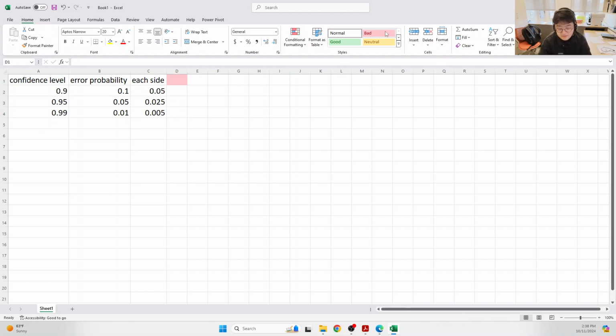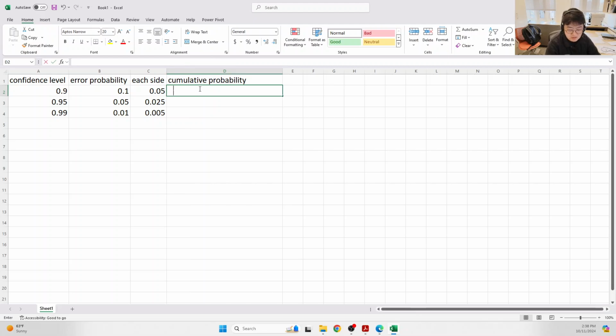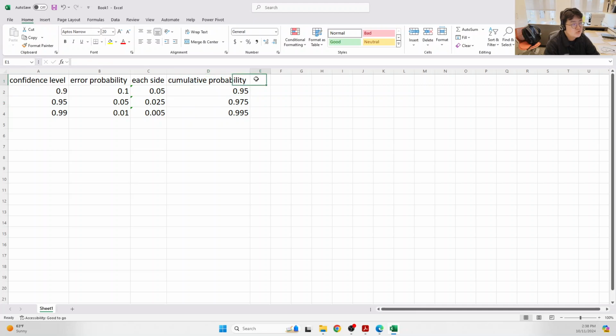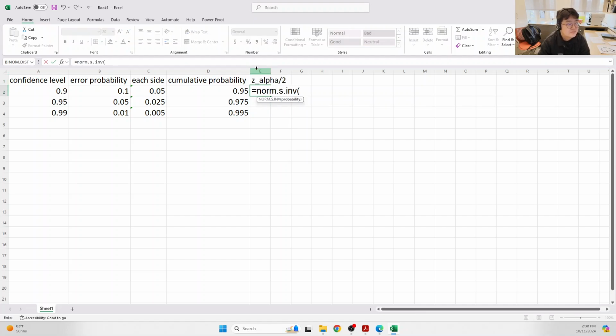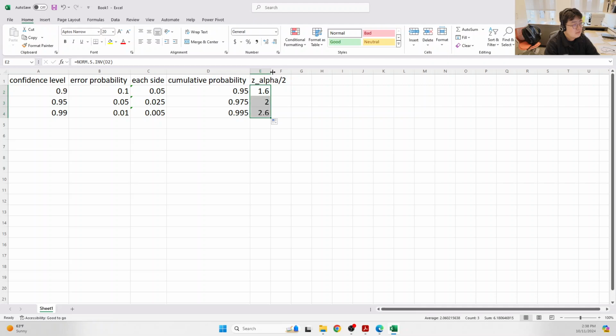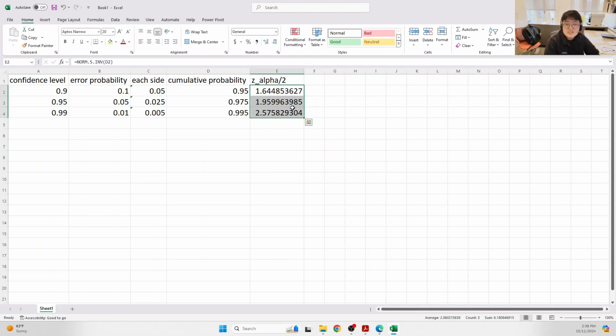And then the cumulative probability is again 1 minus half of the error probability, right? So that is the cumulative probability, and finally the z alpha over 2 value can be calculated. So these are the z values we are going to use for the margin of error.